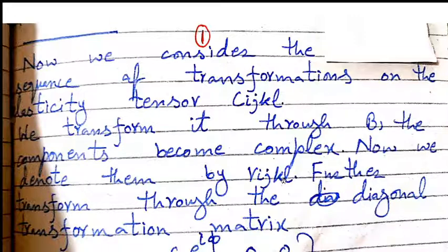We are only writing that when we apply B on these components C, they are transformed into these components gamma I, J, K, L.